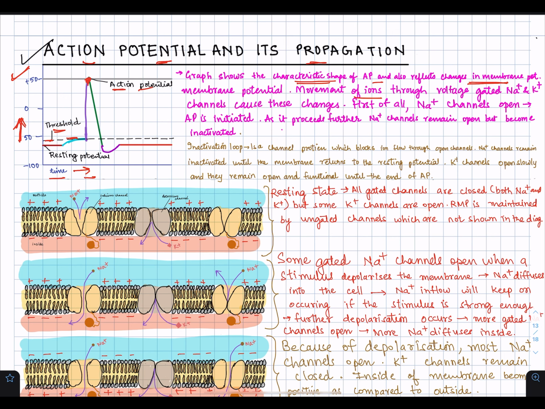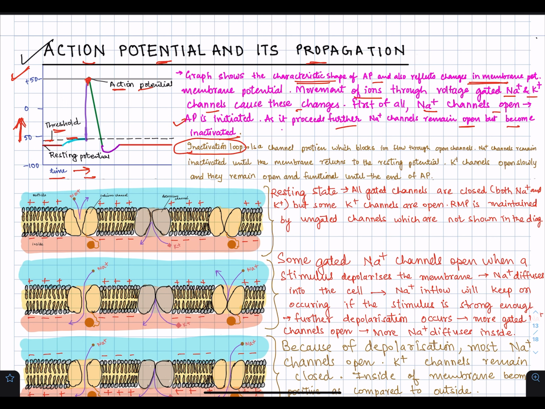Movement of ions through voltage gated sodium and potassium channels causes these changes. First of all, sodium channels will open and the action potential is initiated. As it proceeds further, sodium channels remain open but become inactivated. Now, what is an inactivation loop?